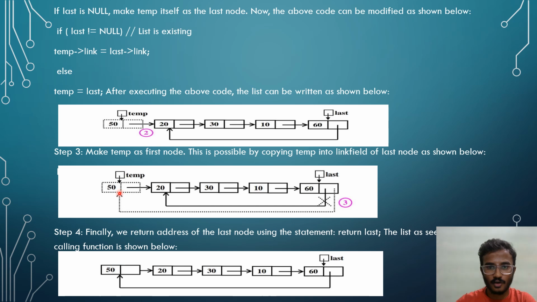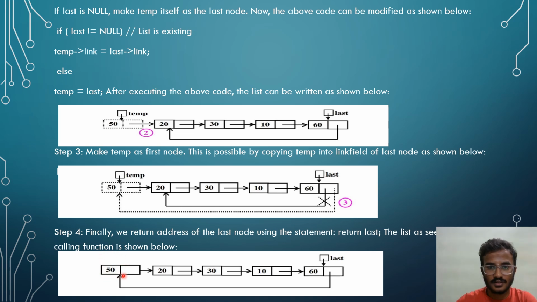This can be done by copying this temp into the link field of the last node. Then finally, at the fourth step, we return the address of the last node using the statement return last. The list as seen by the calling function is shown below.